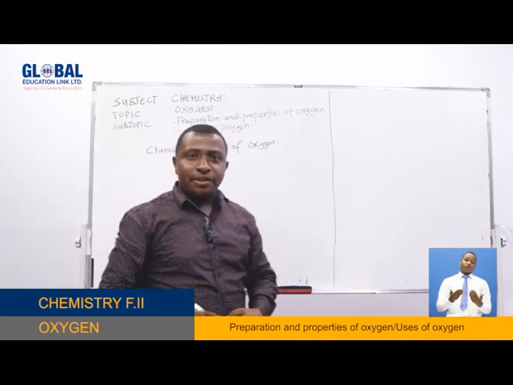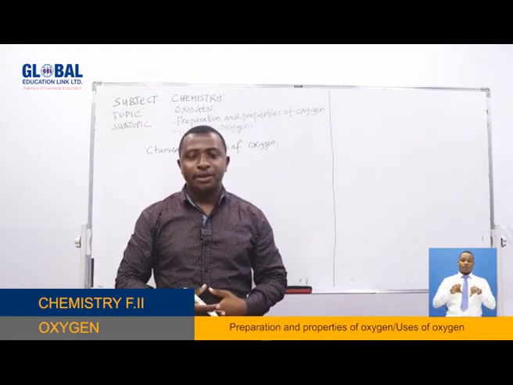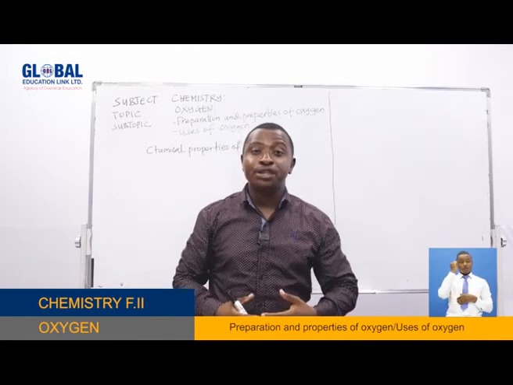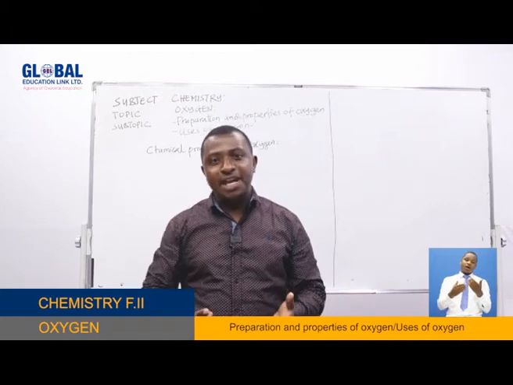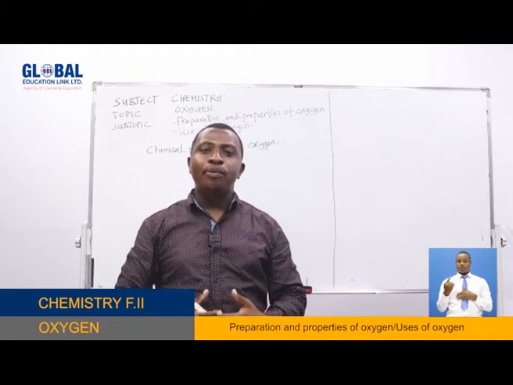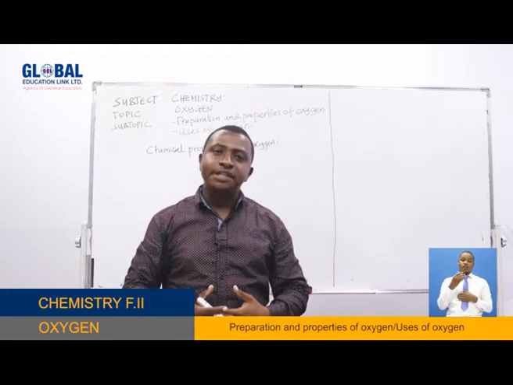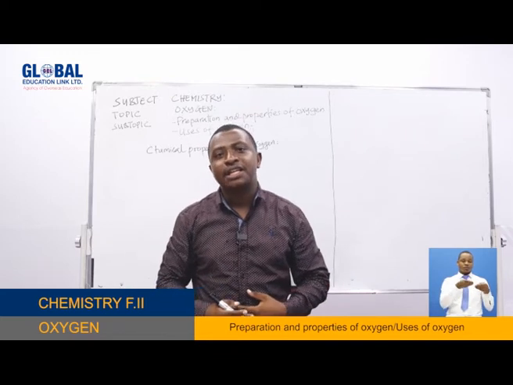Dear student, what are the chemical properties of oxygen? Do you remember some of the chemical properties of oxygen? Now today we shall be discussing one after another. One of the chemical properties of oxygen is that oxygen reacts with the metals to give metallic oxides.